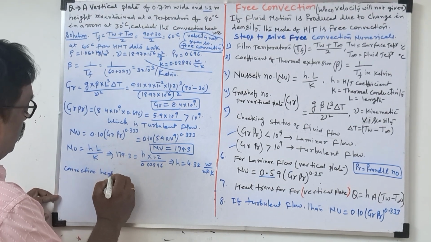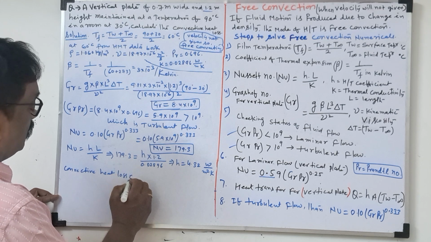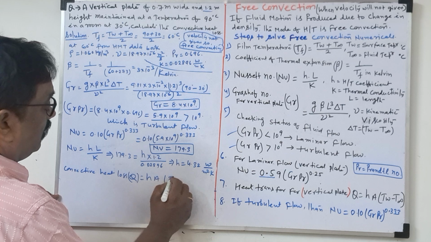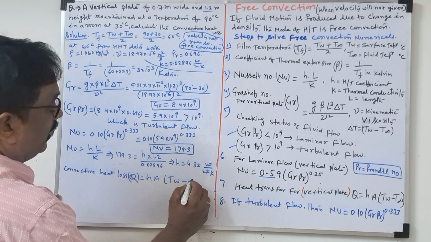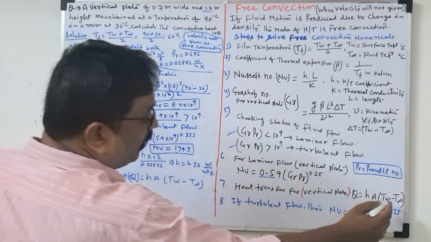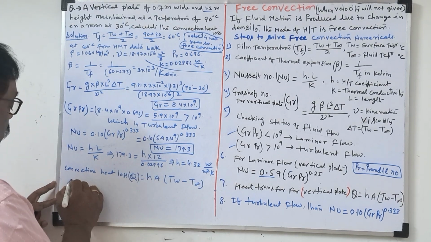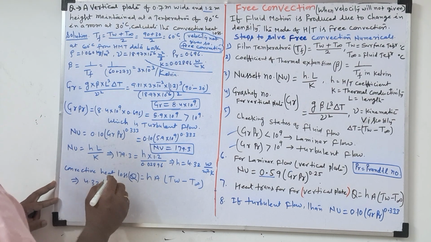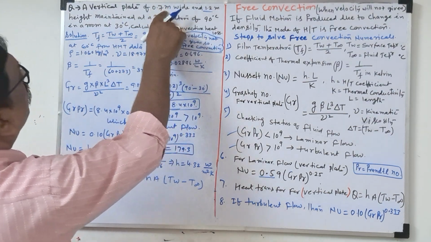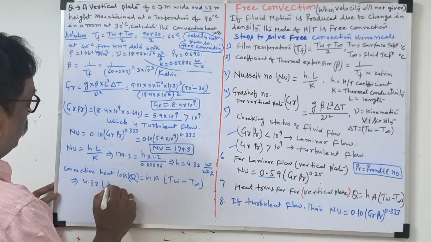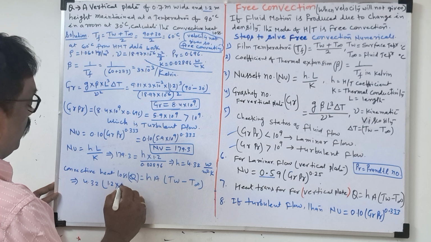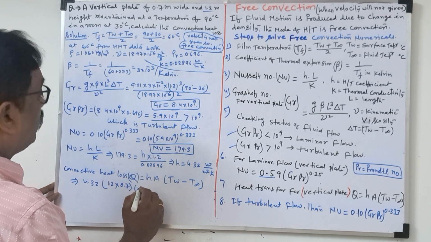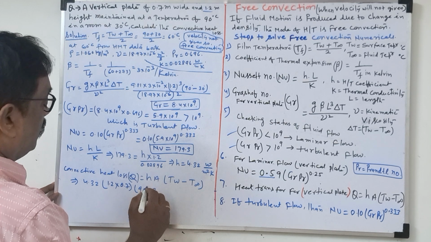Convective heat loss, that is Q is equal to h A (Tw minus T infinity). This is the formula. Now h you already know, 4.32. Area will be 1.2 into width 0.7, then 90 minus 30.